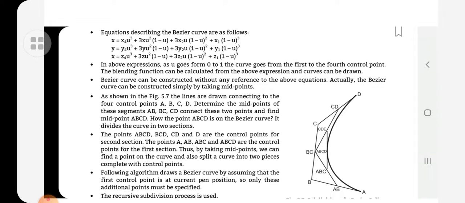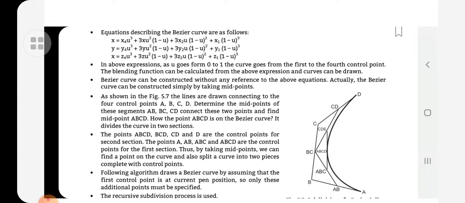Firstly, there are two points A and B, and their midpoint is AB. Then B and C are two points, and their midpoint is BC. BC and AB are connected to each other, making a triangle.